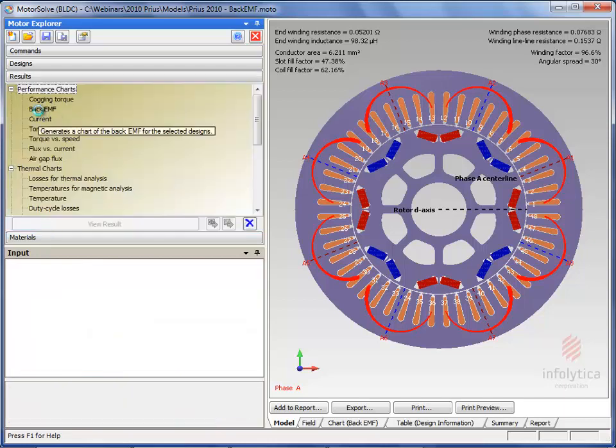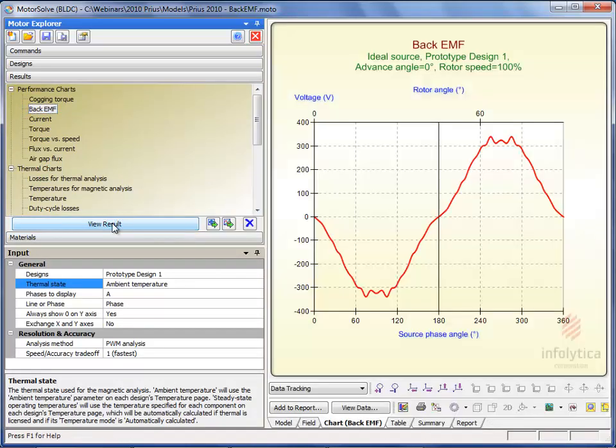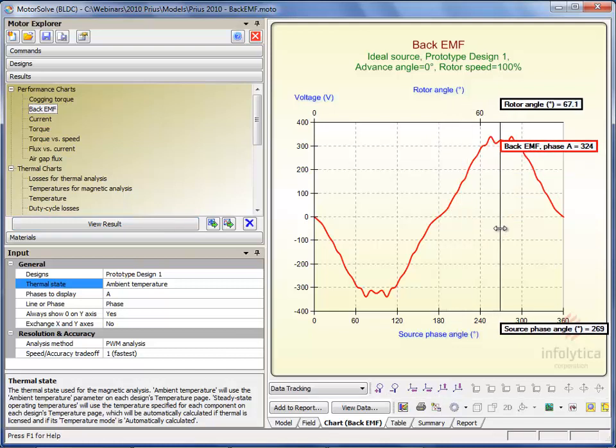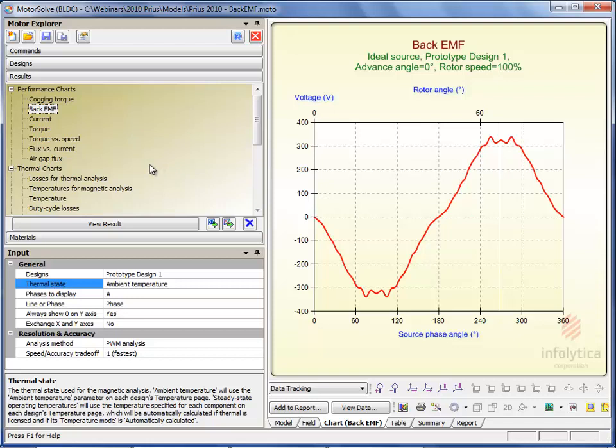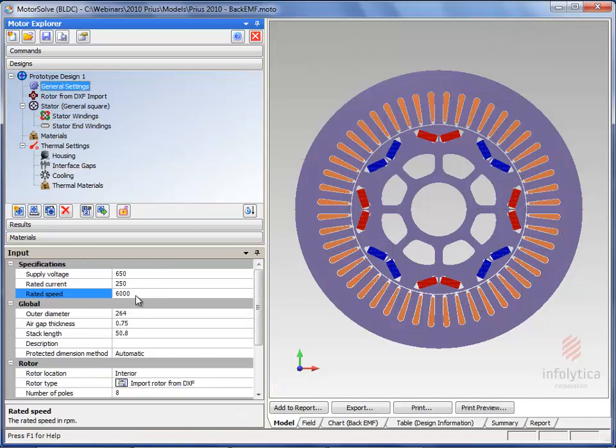We're going to do a back EMF test real quickly here. You can see here that we have about 323 or 324 volts peak. If you divide that by the square root of 2, you get around 225 volts RMS for 6,000 RPM.